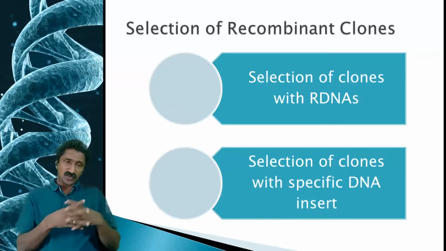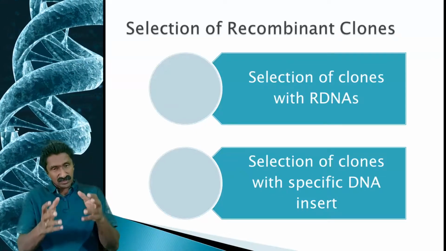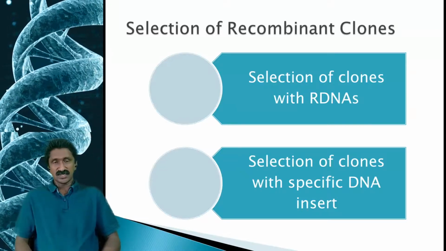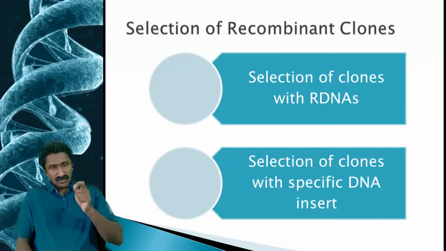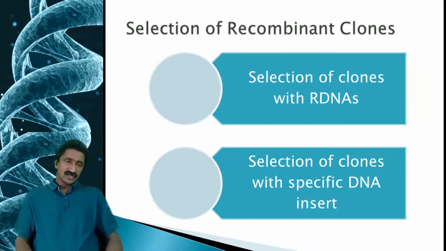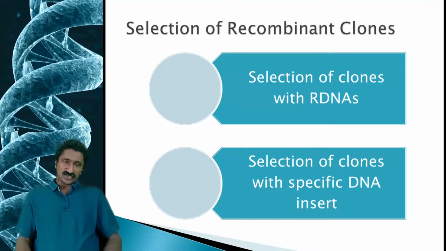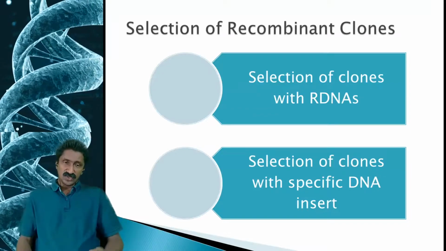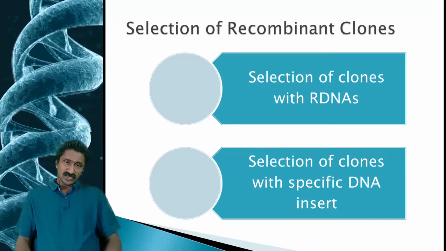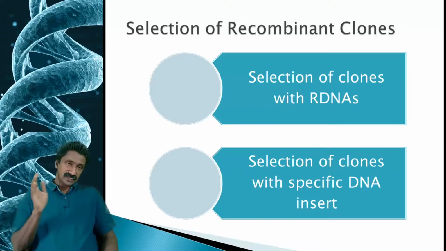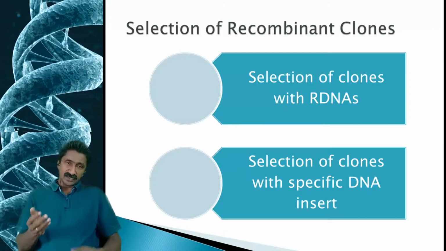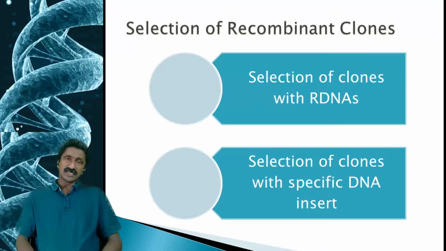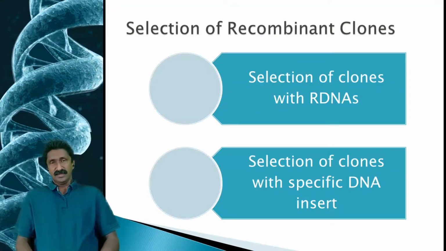And there may be other clones which are inserted with your specific DNA of interest, for example, the insulin gene. If you are cloning the insulin gene, then you have to identify only the clones with the concerned gene construct and select that particular clone. So there should be methods for selecting the clones with the rDNA, from which the clones with your desired DNA insert need to be identified.